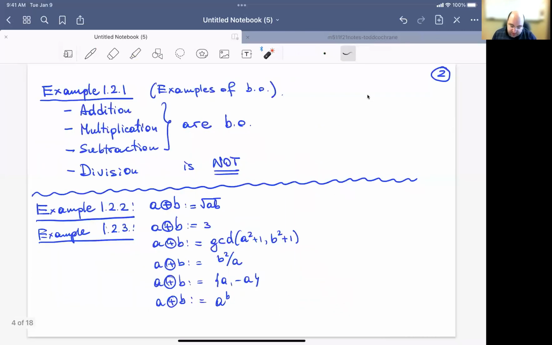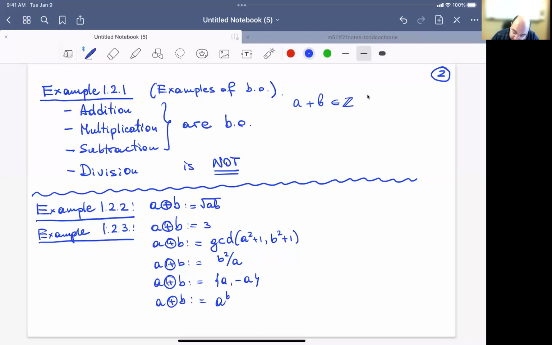So here are some examples. Of course, regular addition is a binary operation, because if you take any two integers a and b and add them, the result is still an integer. That's the meaning of a binary operation.